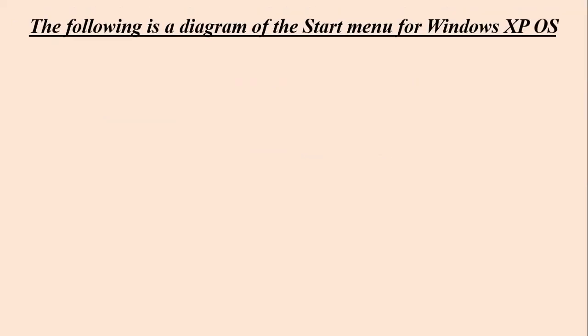So the following is an example of a start menu, and in this case, I have captured the screen for the Windows XP operating system, but this can also be illustrated using other operating systems, for example, Windows 10, Windows 11, amongst others, and the arrangement will be different.